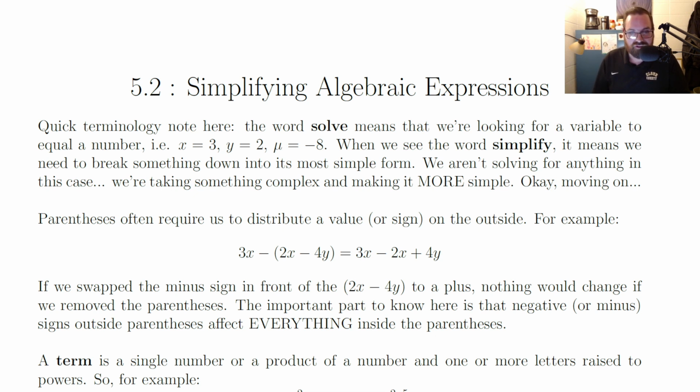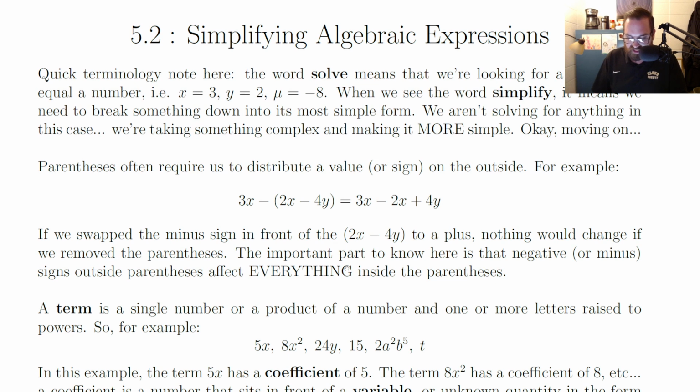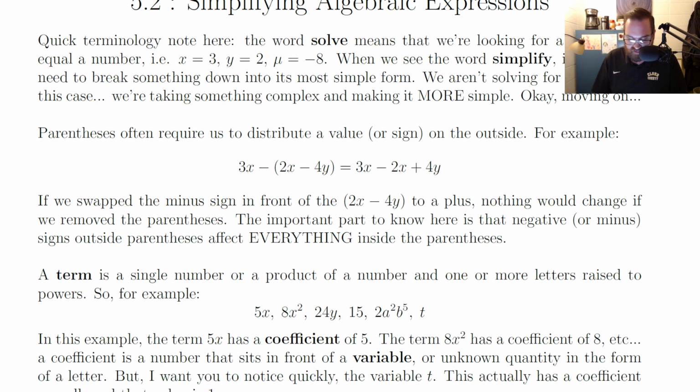If you're solving, you need to find a value for your variable. So your variable is going to equal a specific number or quantity, okay? That's something to specifically mention and address.